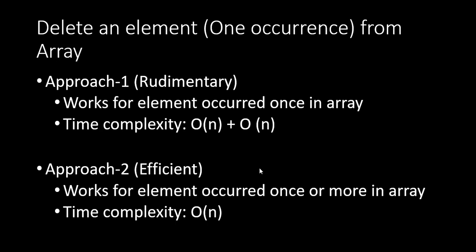Although practically we call it O(N), if you look at the detail, it is using 2 loops, so it is slower than the second approach. The second approach is more efficient, using just 1 loop, and it works for one occurrence of any element in the array, or more than one, as many as you can think about. So the second approach is more efficient.